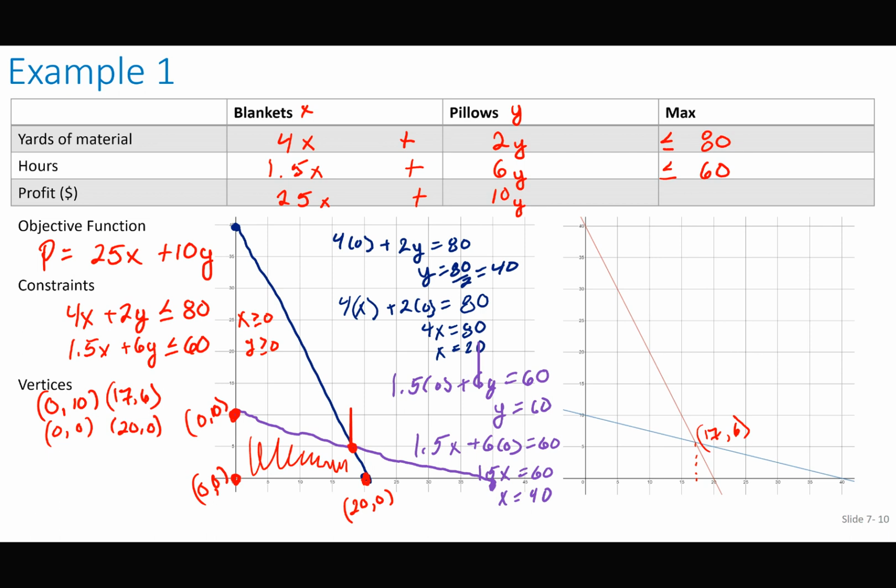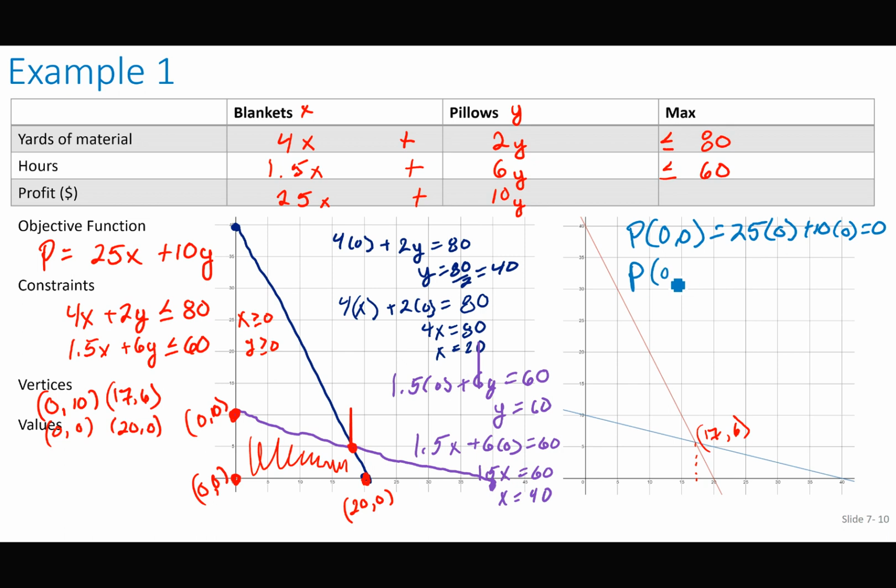Okay. All right, so we got our vertices. Next thing, and kind of got put behind there, but it's the values. So I actually have to test each one in my objective function. So I'm going to try each one. So P of each one. So 0, 0 is going to be 25 times 0 plus 10 times 0. I know that's going to get 0.